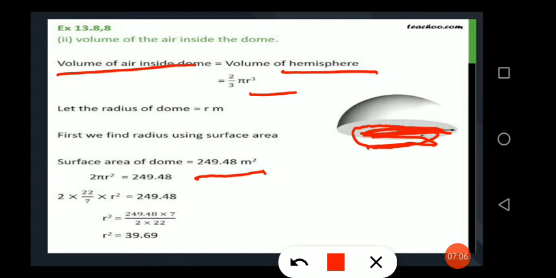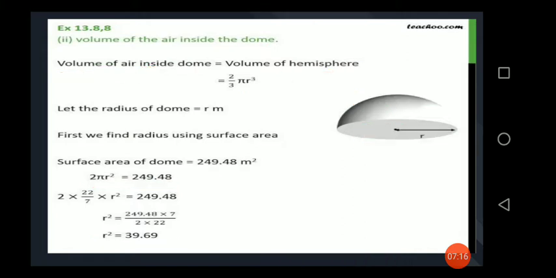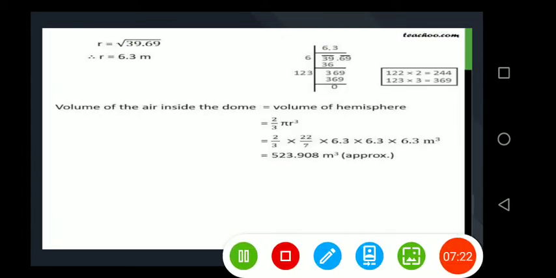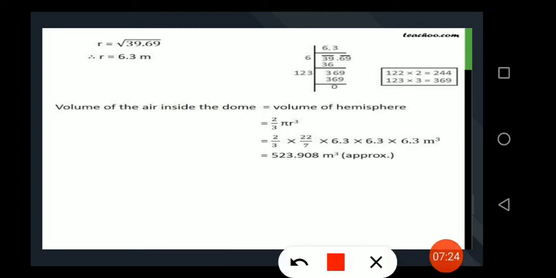So the curved surface area is 2 pi r square, and hence we get r square is equal to 39.69. So what will be our r? r is equal to 6.3. I hope all of you know how to find the square root using the division method.